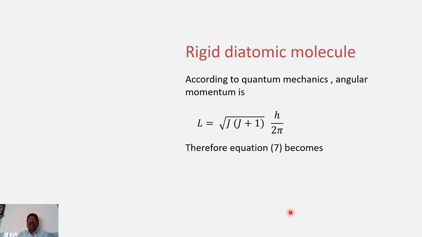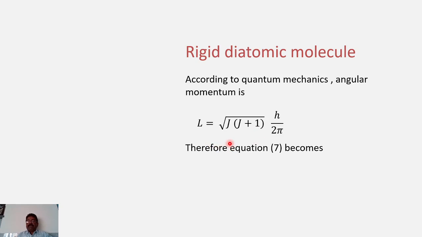This is equation 7. But according to quantum mechanics, the angular momentum is defined as, earlier we have seen this equation while studying the one valence electron system, two valence electron system and the spin orbit interaction. So L is equal to under root of J in bracket J plus 1 into h upon 2 pi. If you substitute this L value in the earlier equation, E is equal to L square upon 2I.